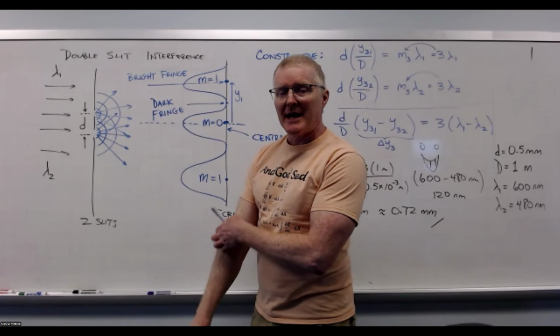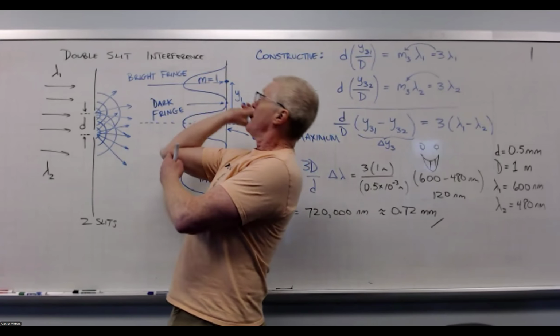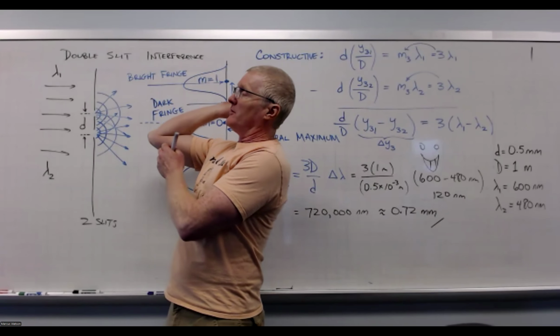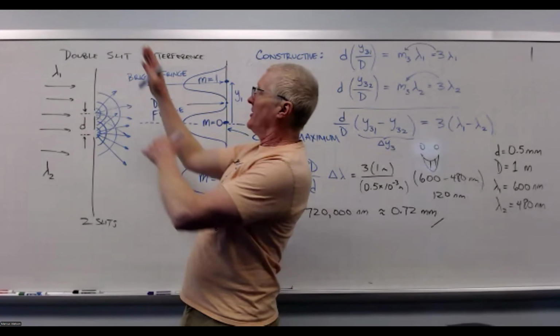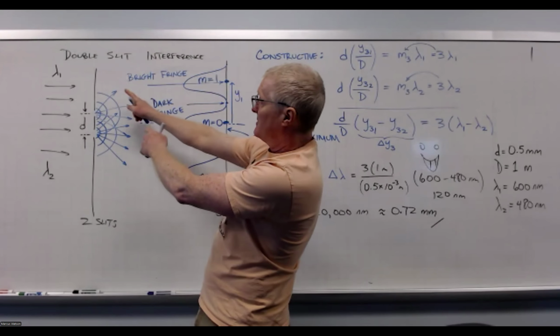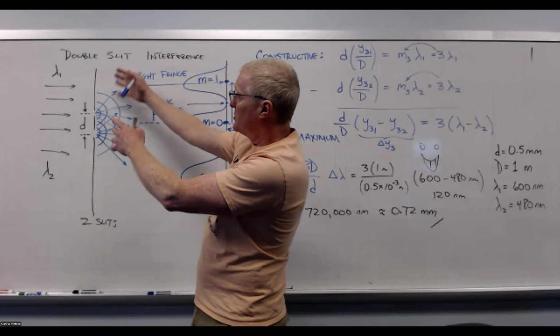Past that 90 degree angle, we can't see anything because the part in which light is landing is all kind of in front of this two-slit screen here, right?